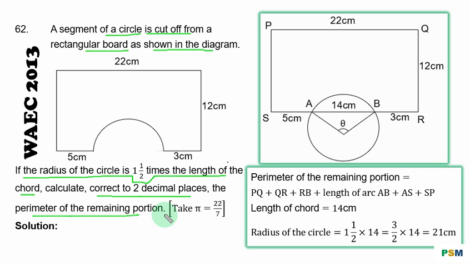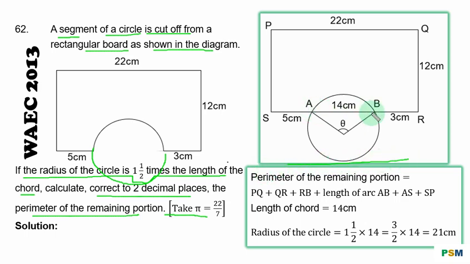Take pi equal to 22 over 7. Solution. In order to see the segment properly, let us complete this circle in this form.